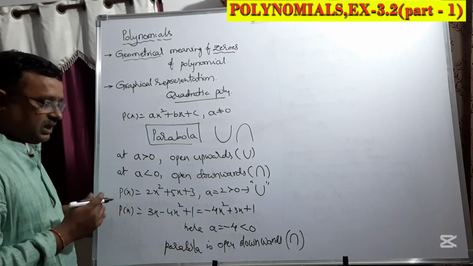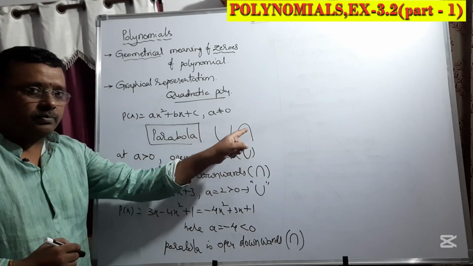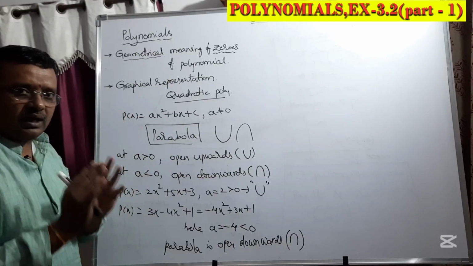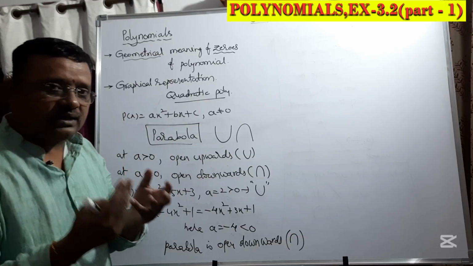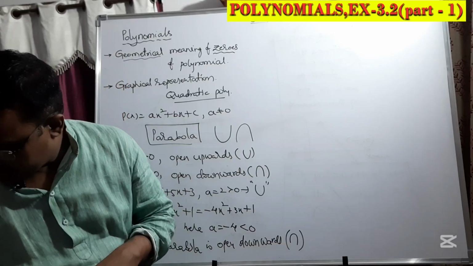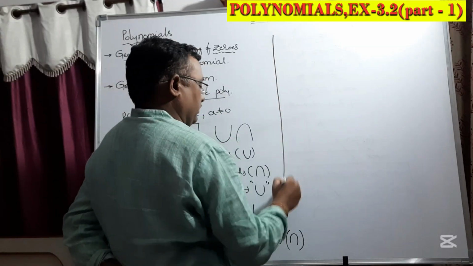Next, what concept is there? This parabola may open upwards or downwards. A quadratic polynomial always represents a parabola. What types are there according to the 10th class syllabus? Just observe this one, a simple point, very important from the examination point of view.